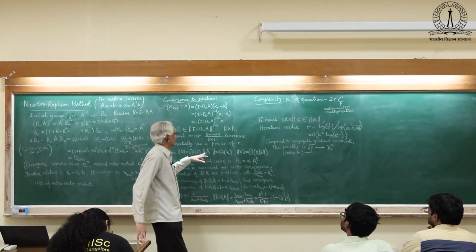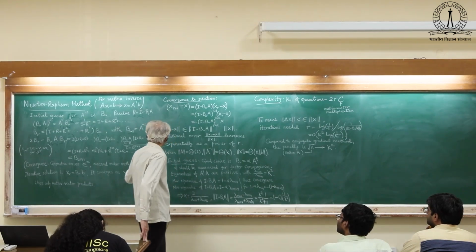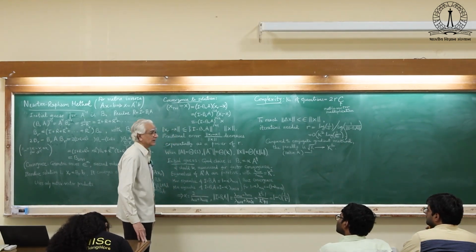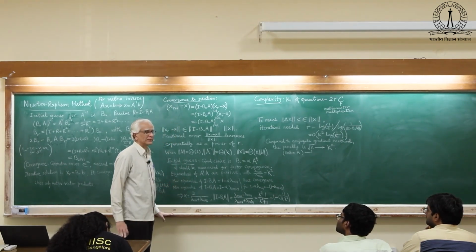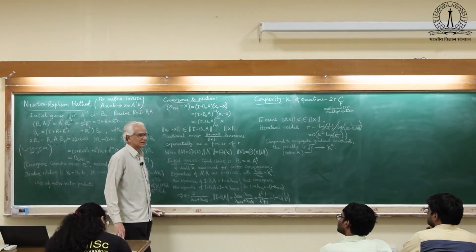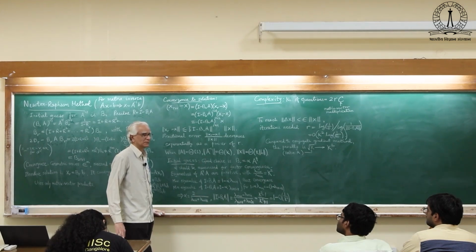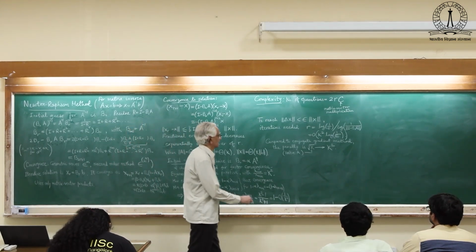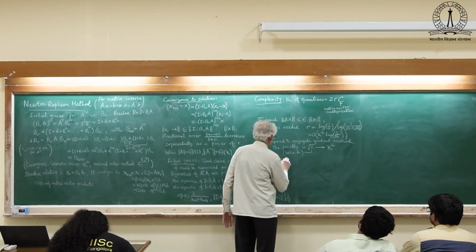In this particular case, yes, you are iterating with some powers of this matrix, but you have not put in that orthogonality constraint. And that is where the method slows down. So, orthogonality.